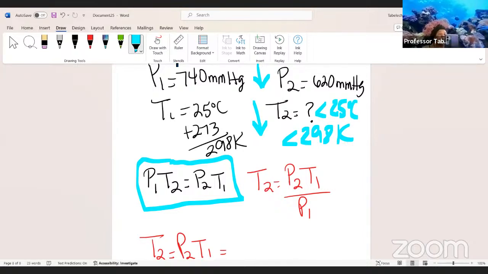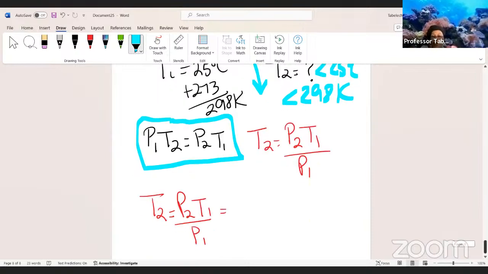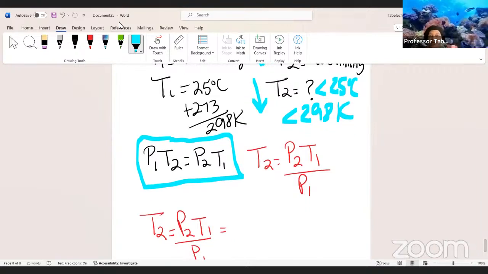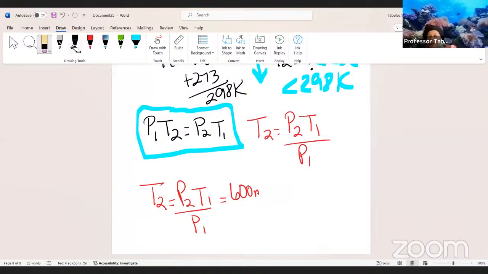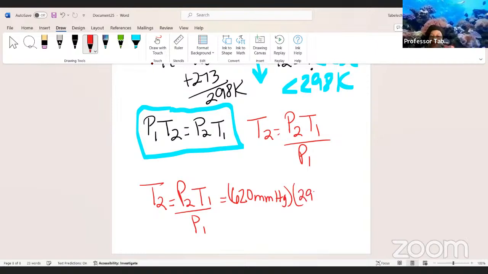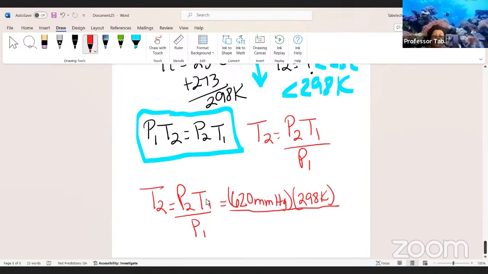P2 was 620 millimeters of mercury, times T1, which was 298 Kelvin, over P1, which was 740 millimeters of mercury.